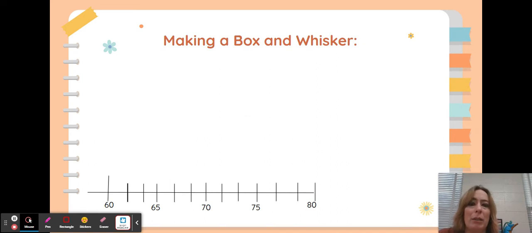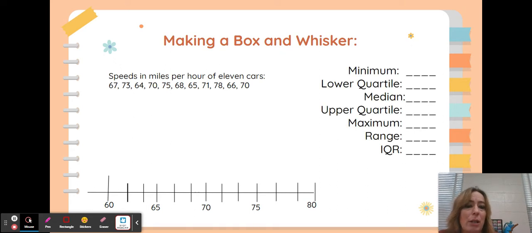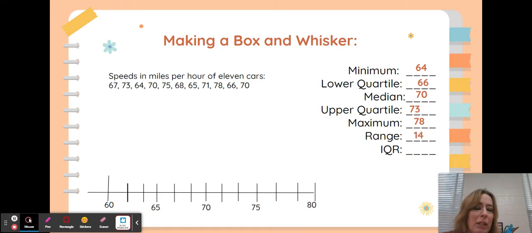Okay, so how do we make a box and whisker? Well, first off, we're going to take all those that we got. We said the minimum was 64. We said the lower was 66. The median was 70. Upper was 73. The max was 78. We had a range of 14.